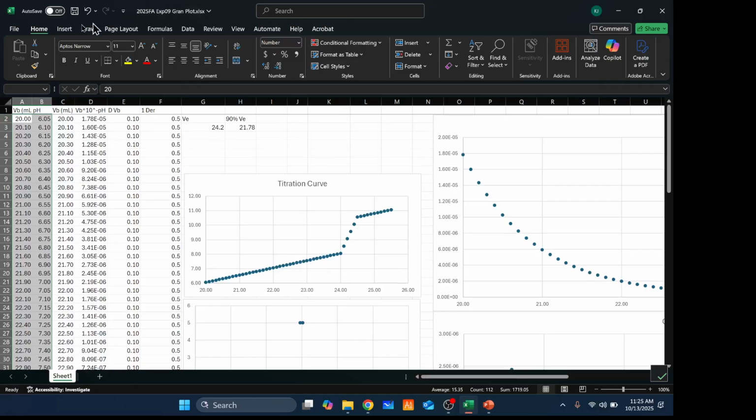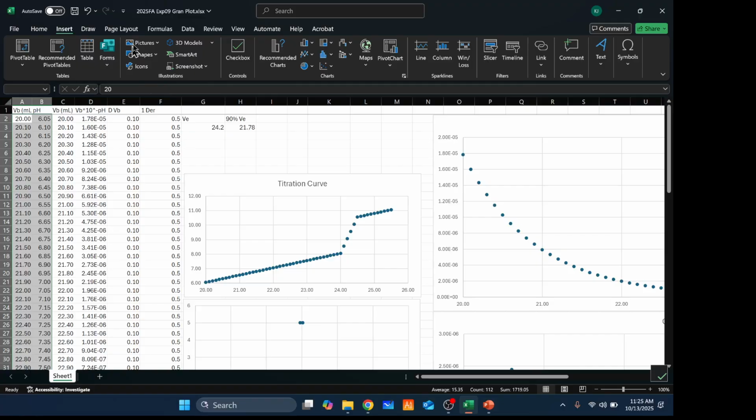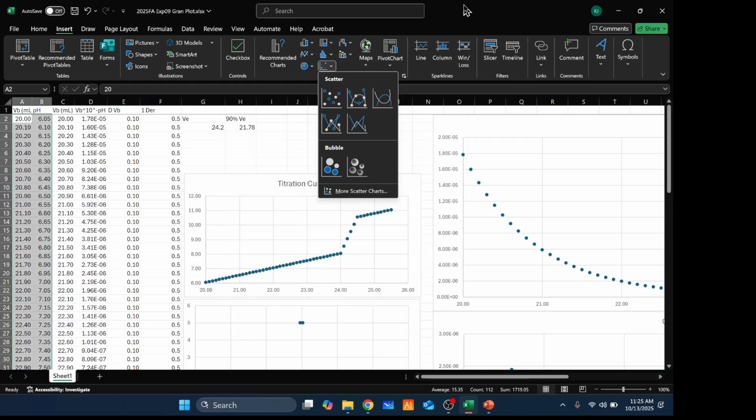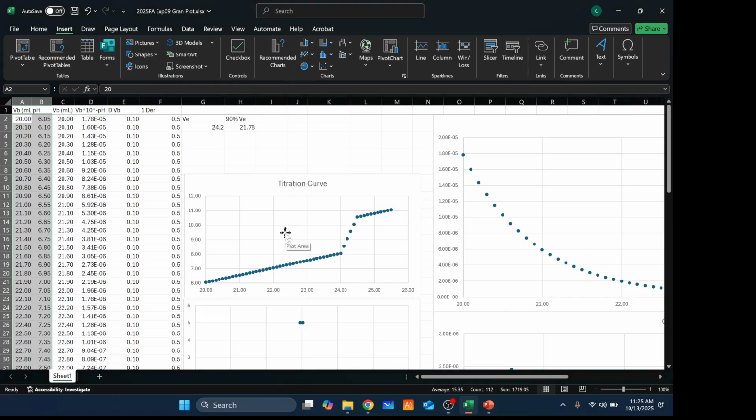And then I go insert, and I go scatter plot, and I put in a scatter plot. I prefer not doing the lines usually, but you can do the lines. In fact, this first one actually probably would have been better with the lines. Okay? That's typically how you would put that in. I prefer to have the points visible so I can click on them. Okay? And get those actual numbers. And that's what that looks like.